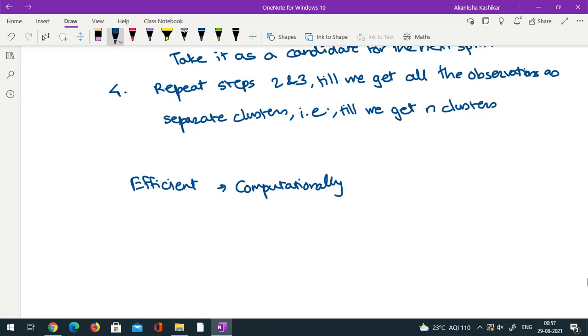And another advantage of the divisive algorithm is it is said to produce more reliable and stable clusters. Why? Because you start with all the objects in one cluster. So you have information about all the objects together and then you find out what is the most suitable cluster.